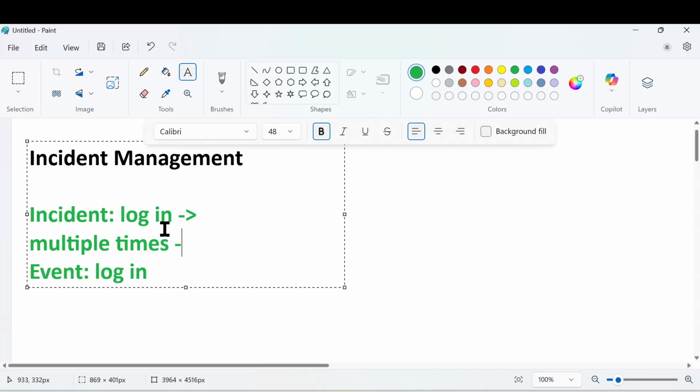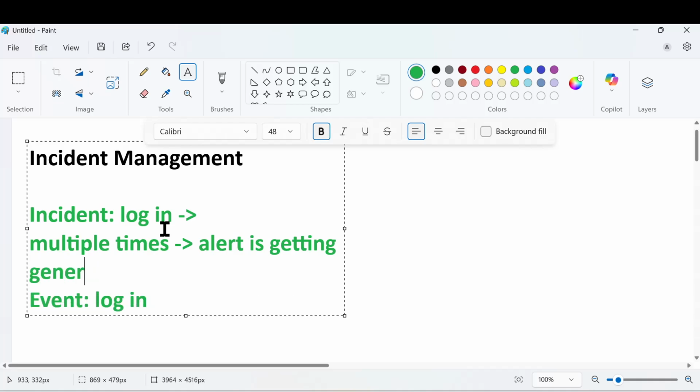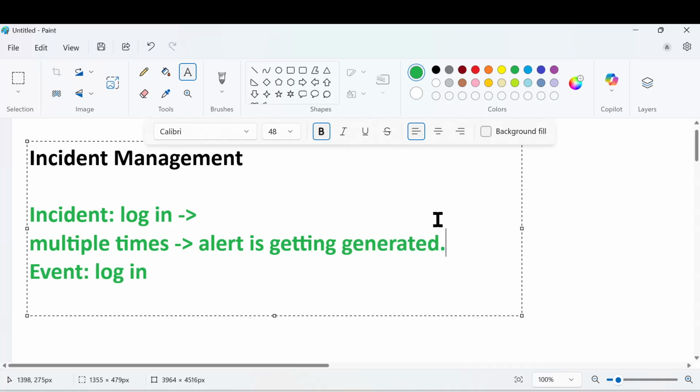Now, due to the multiple login attempts, an alert gets generated, saying that we are finding some suspicious activity: someone is trying to access this particular system and has given 10 wrong credentials.